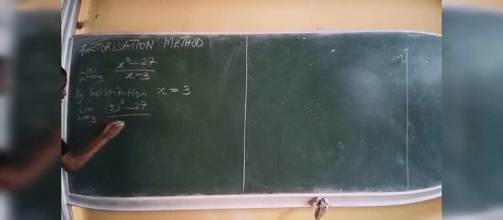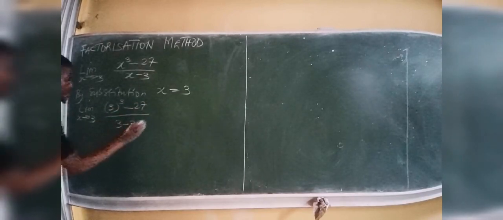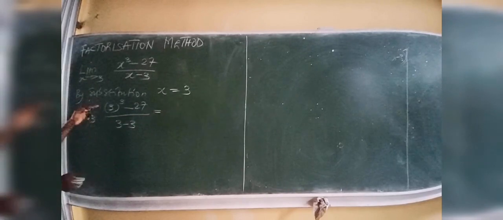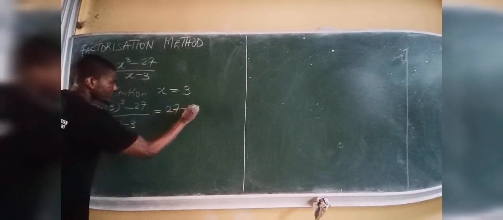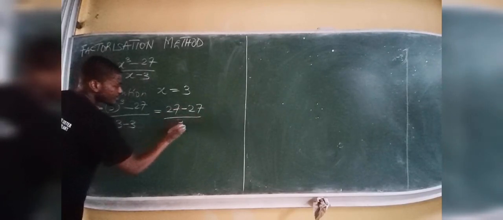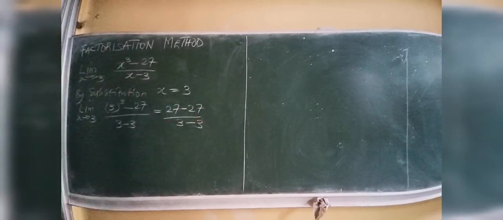Now this becomes the limit as x tends to 3. In place of x, it becomes 3 cubed minus 27 all over 3 minus 3. And 3 cubed is obviously 27, so 27 minus 27 divided by 3 minus 3.